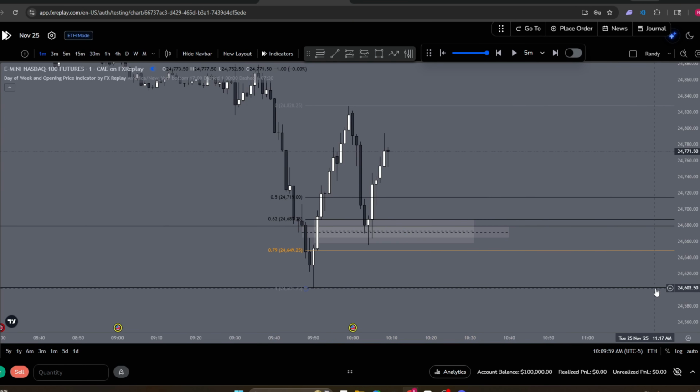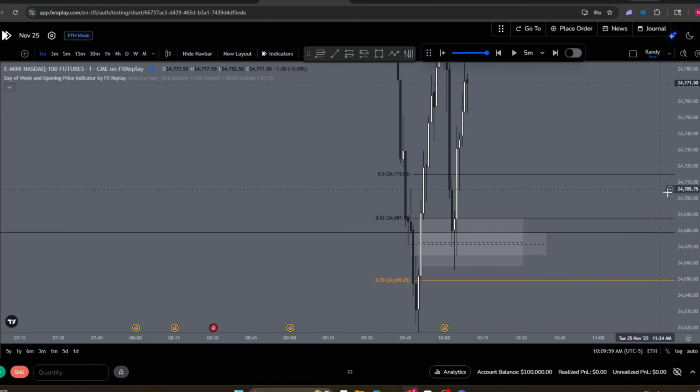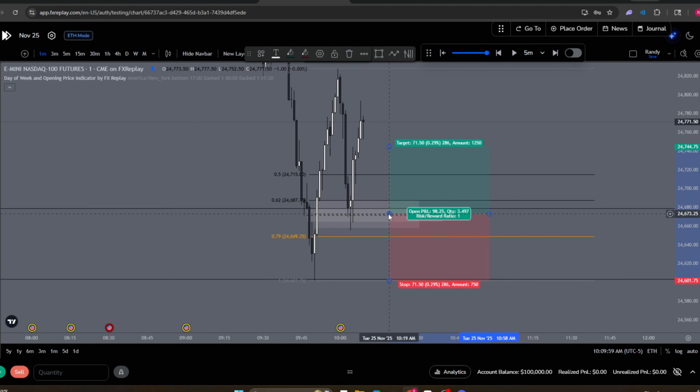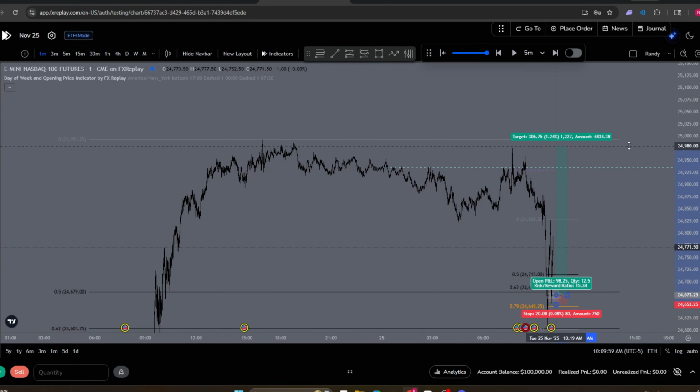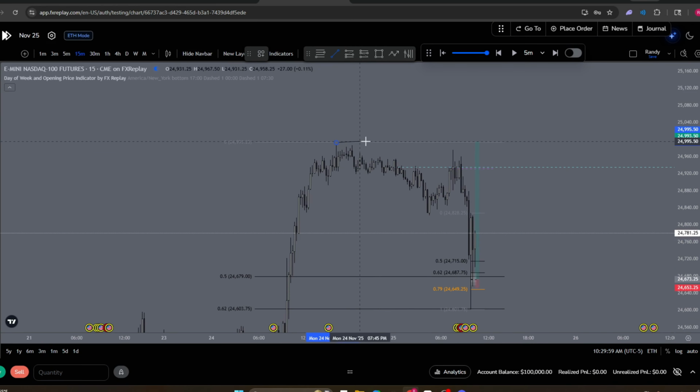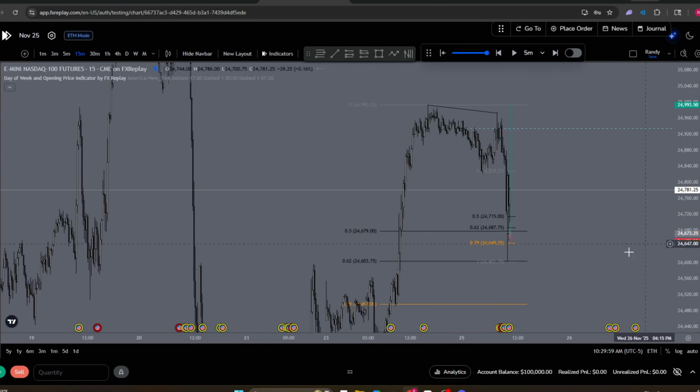You can grab the C or enter off the C of it and enter stops. I usually have a max 30 point, but 20 point is usually what I try to go for. And you can target these highs.